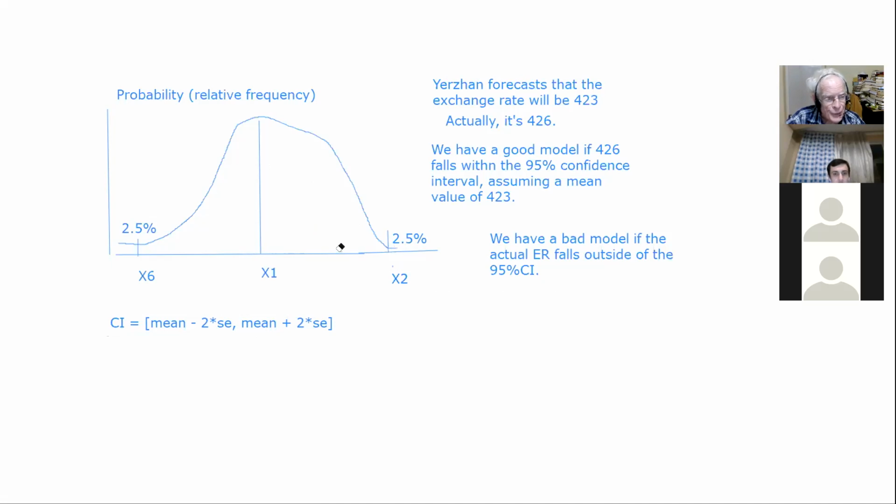This range here is equal to the mean F1 plus 2 times the standard error.